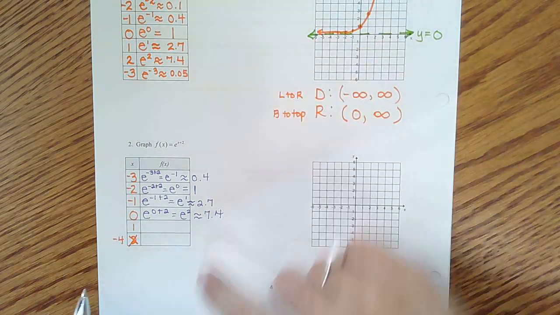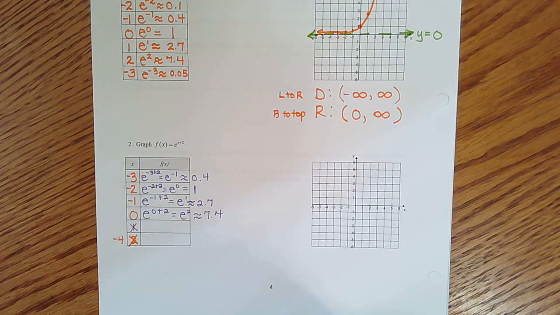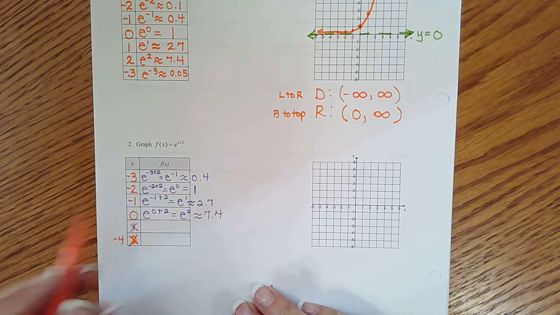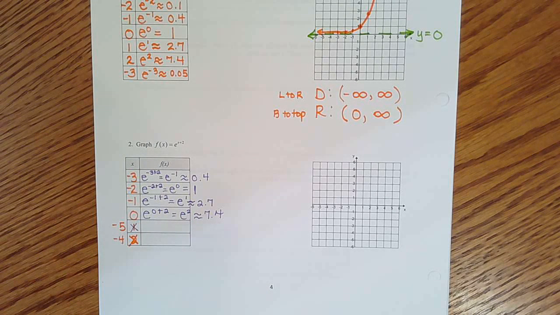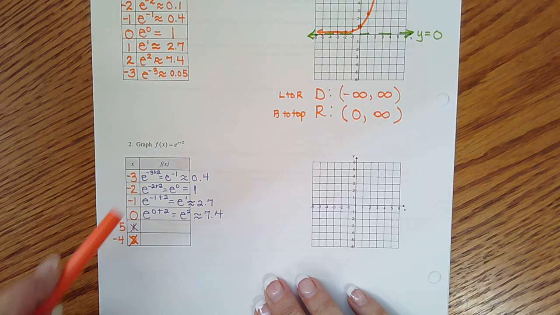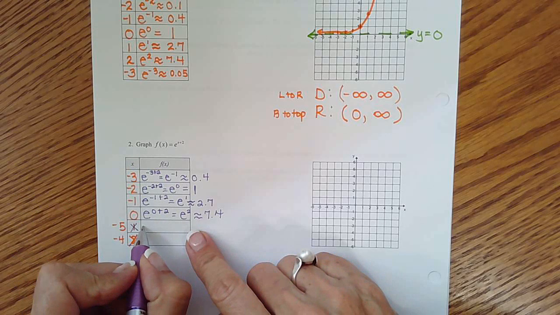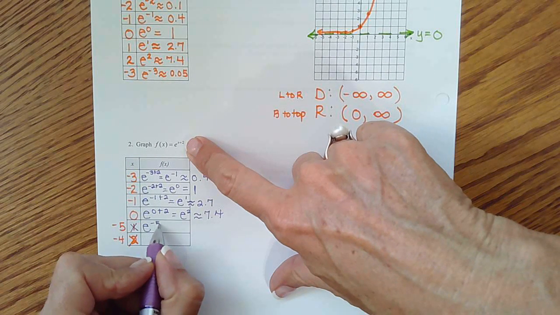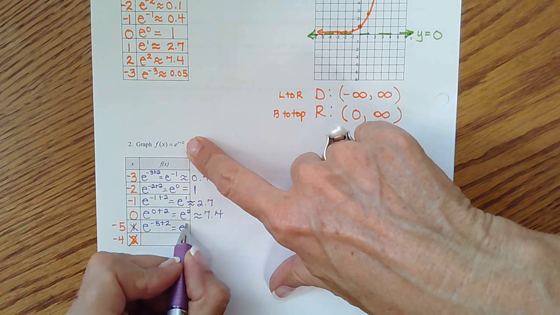So we know after that it's going to be off the graph. So let's make these -4 and -5 because e to the third is going to be, like I said, like 27. So we'll go the other way. So if your positives make it too big, then tack on a couple negatives at the end. So this will be e to the -5 plus 2, which is e to the -3.